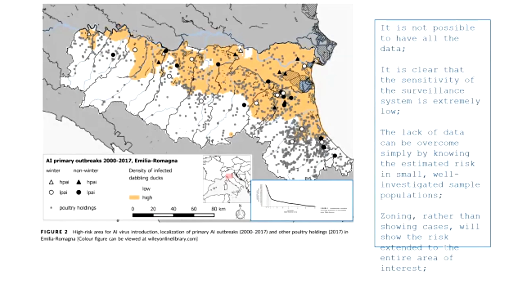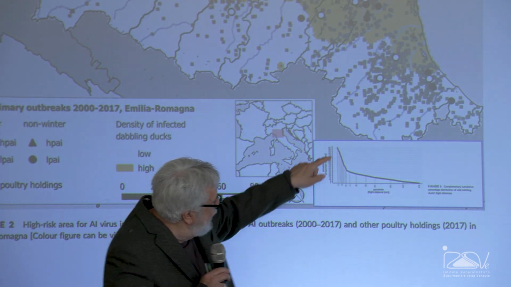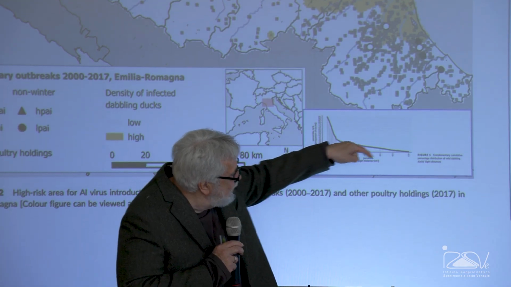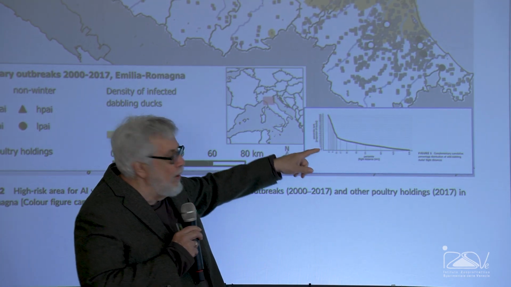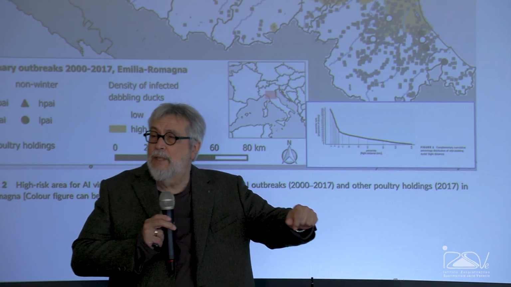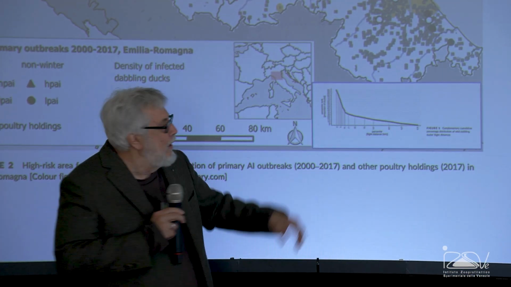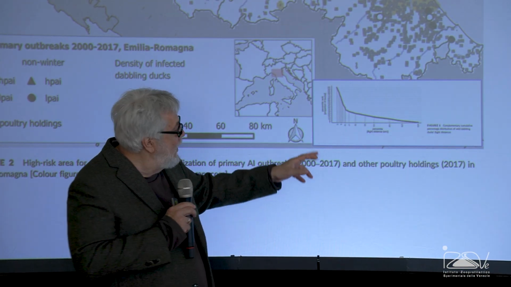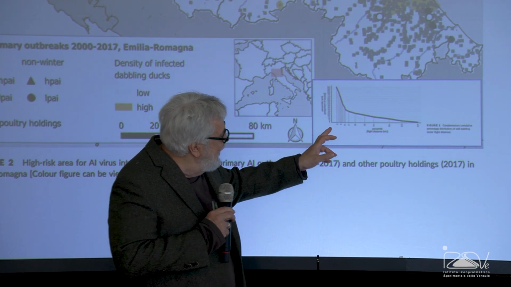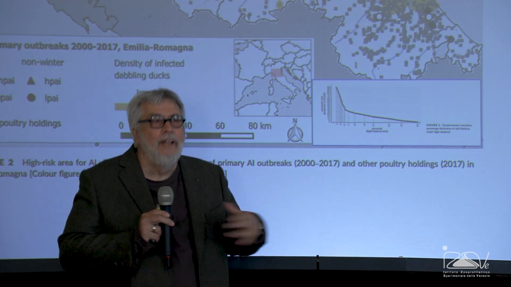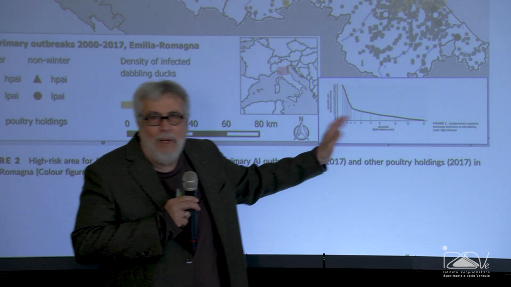is to say, okay, we have the water bodies, we have the census of the animals, we have the flying distance of the ducks, according to percentiles, from ringed ducks. And so we know that 50% fly within 50 kilometers, and so on.